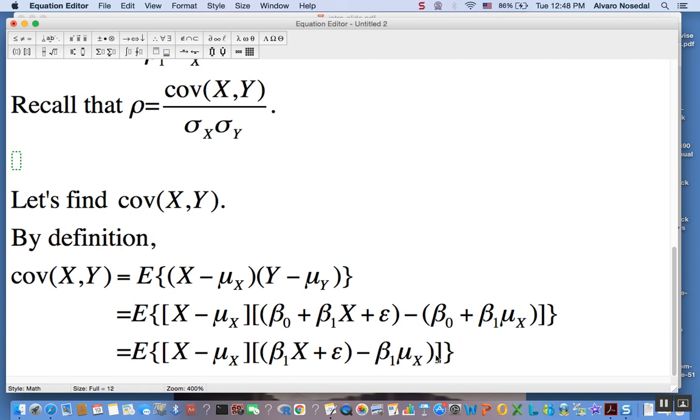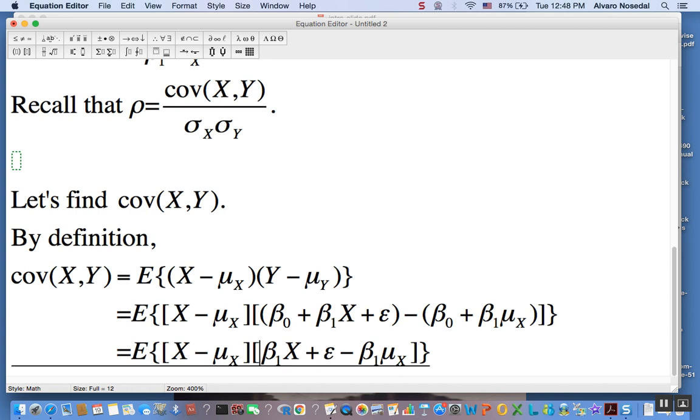Now note something else. We could factor out that beta 1, right? Beta 1 x minus beta 1 mu sub x would be the same as this, beta 1 times x minus mu sub x.